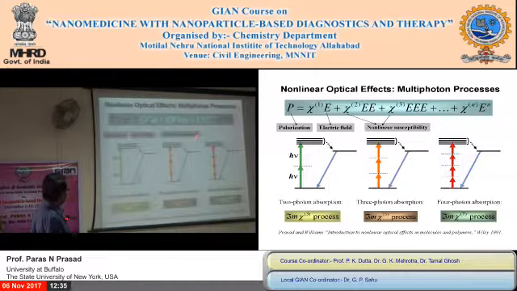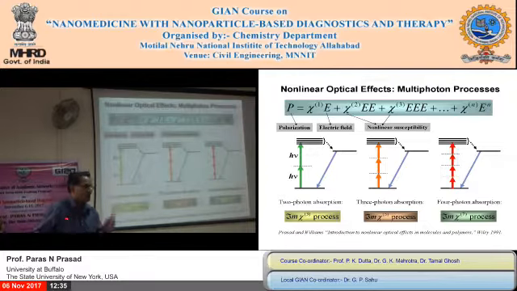Similarly, the 5th order term can give you 3-photon absorption. 3 photons can be absorbed and emitted. Okay? And again, remember I said in my opening remark that I want you all to be imagining big and thinking the unthinkable, outside of the box. This came out of the imagination of a Polish scientist, Maria Goeppert-Mayer, in the late 20s.